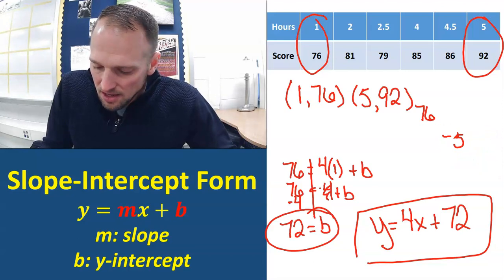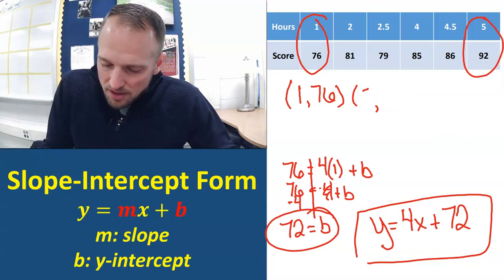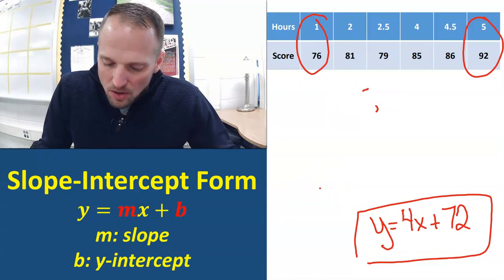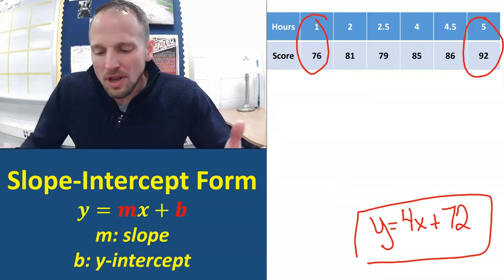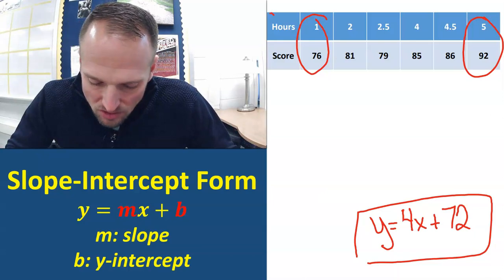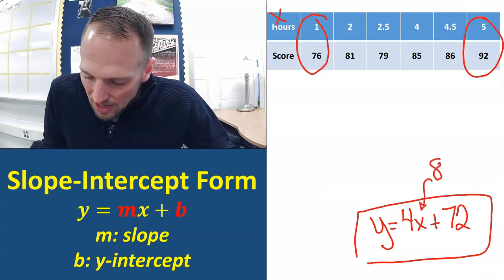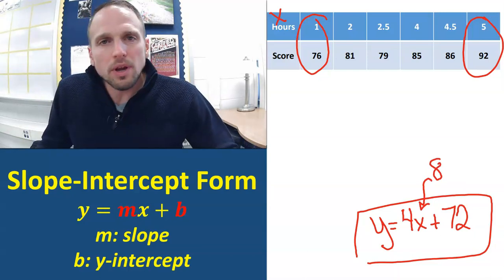Let's say, just for fun, that you spent 8 hours studying. 8 hours studying, what could you expect to get? If you got 8 hours studying, that's our x value, is hours. So if we put 8 in for x right there, what are we going to get?